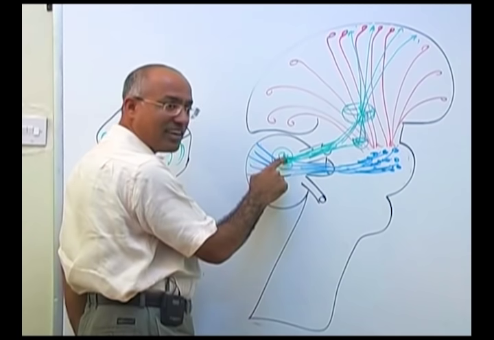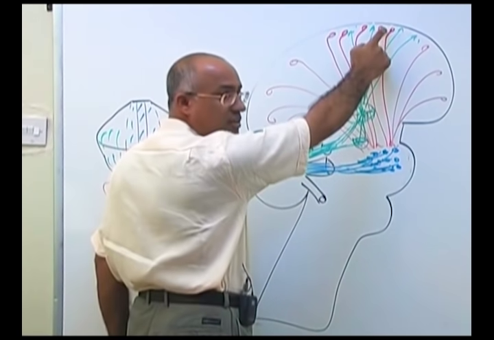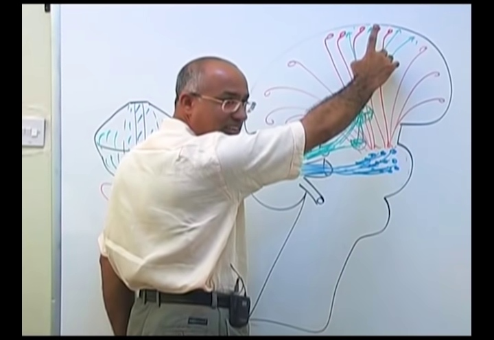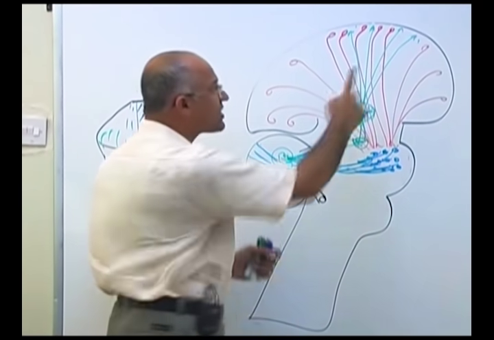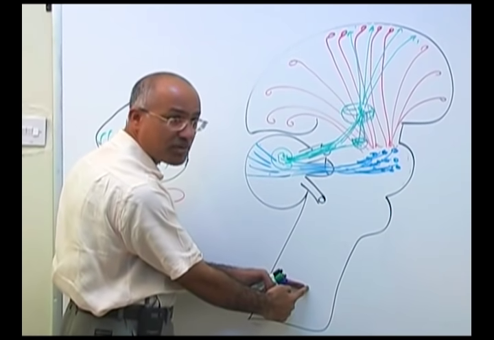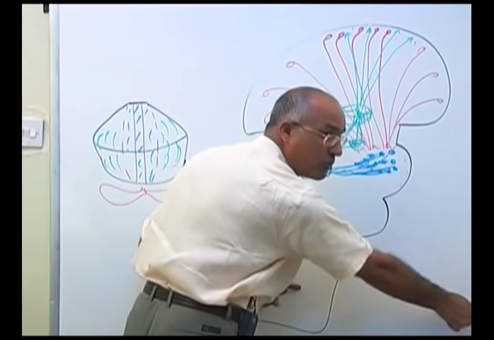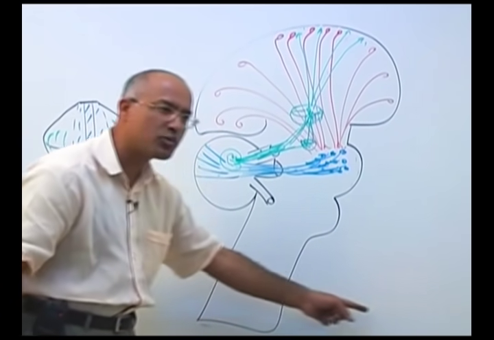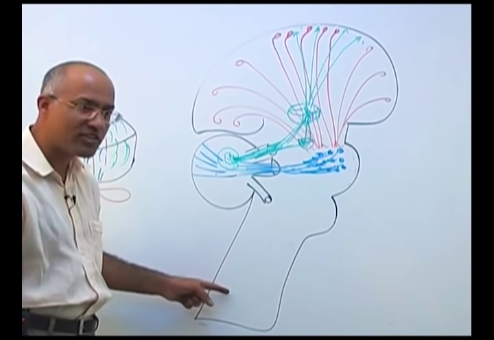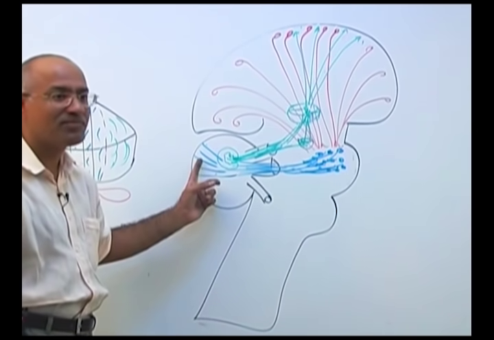Dento-rubro-thalamic or dentothalamic and thalamocortical. When the modified information reaches here, the actual movement starts, and then information goes through the spinocerebellar pathways to the spinocerebellum.